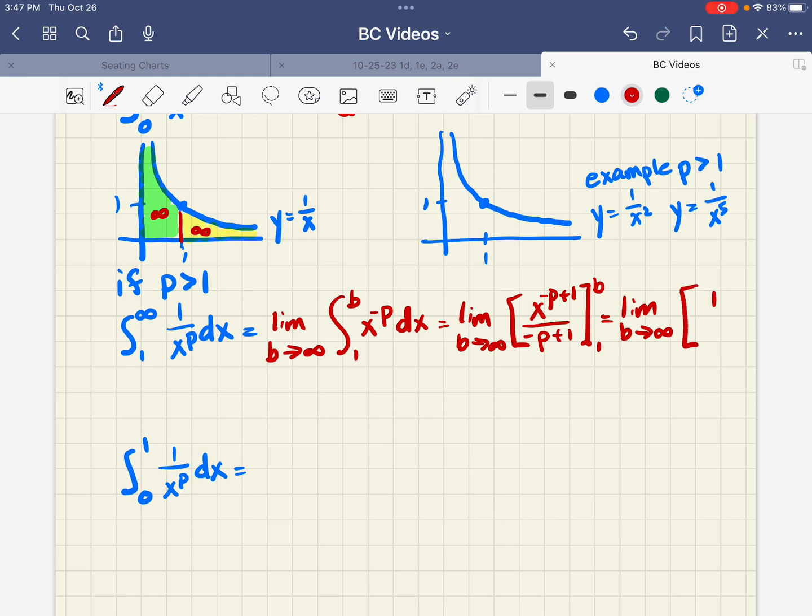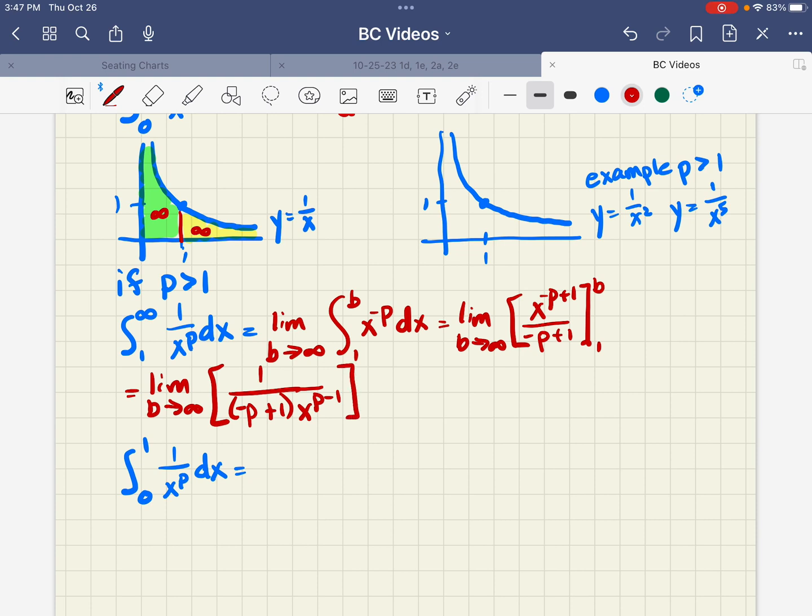It's going to be tight to squeeze in here. Never mind, we're going to go to the next line. Okay, down here. Limit b heads to infinity of 1 over negative p plus 1 times x to the p minus 1. So I just rewrote it so that the x is in the denominator to help us think about this, and this is from 1 to b.